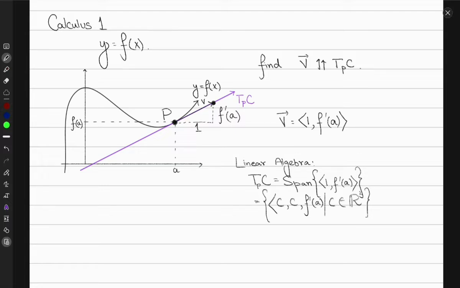We have a curve C and points on that curve, and then we have vectors that lie in the tangent space to that curve. Both of these things, the curve and this tangent space, live inside the same ambient space, which is R2, right?